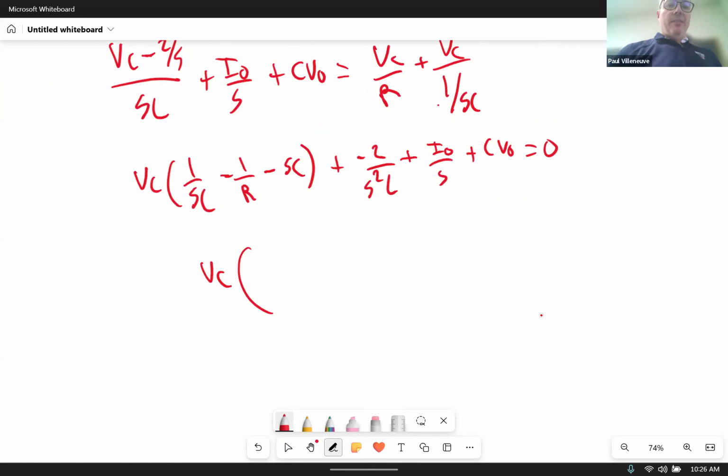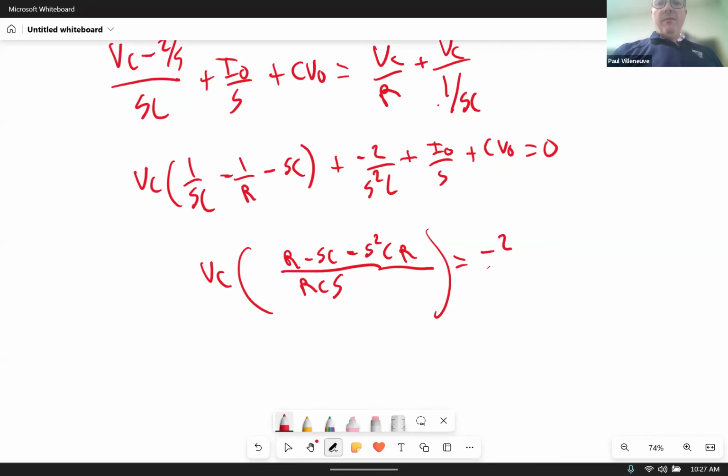VC times RC times S. So this is R minus SC minus S squared C R, that equals positive 2 over S squared times L minus I over S minus C times V naught.